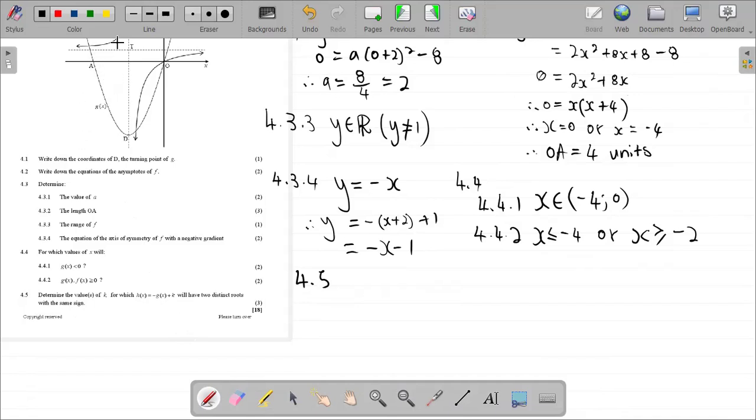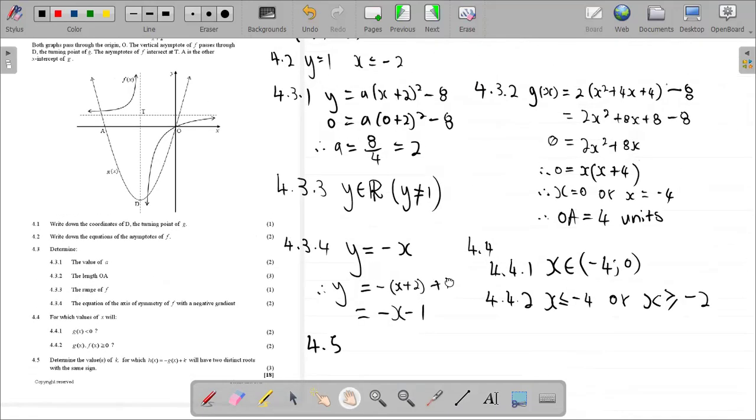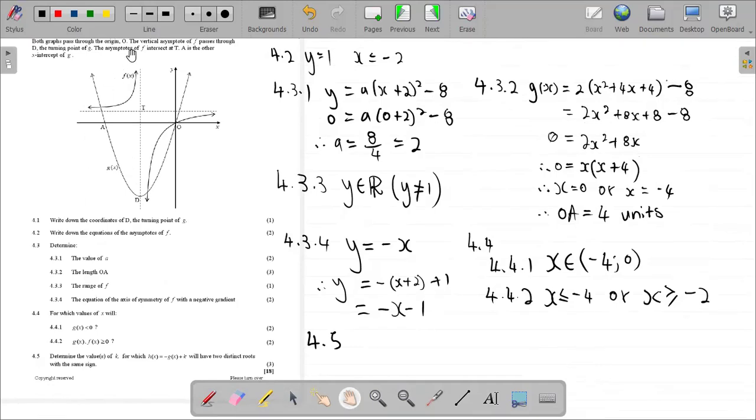This graph is going to face upwards, so the negative 8 will be on the other side. So this thing will now look like this, and the 8 will be on the other side.